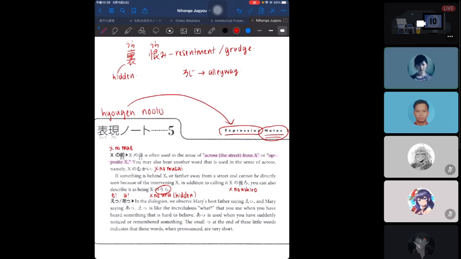But あ means you're remembering something, suddenly noticing or remembering. Oh, I forgot! Oh no.